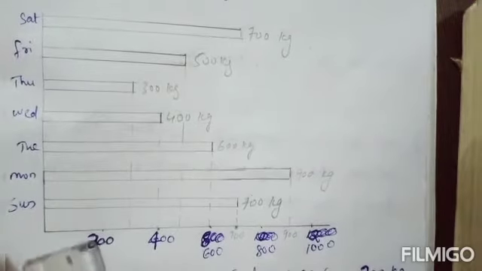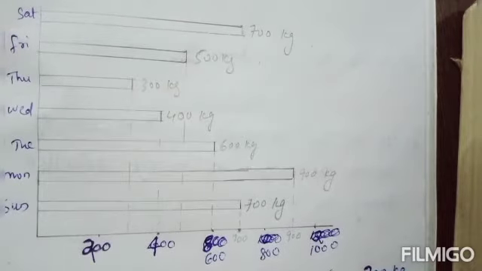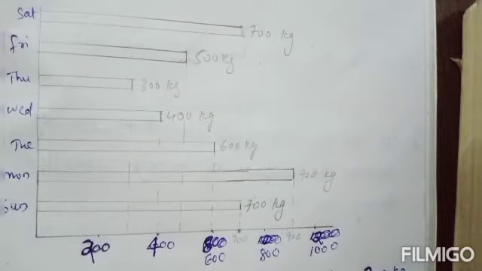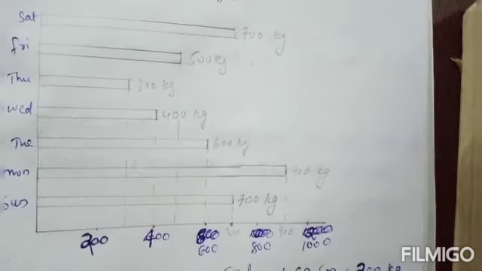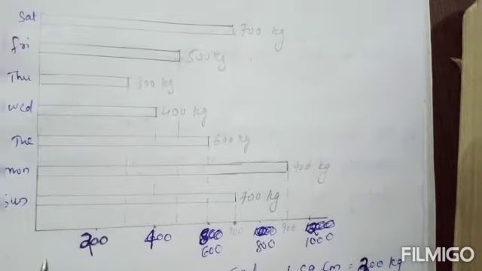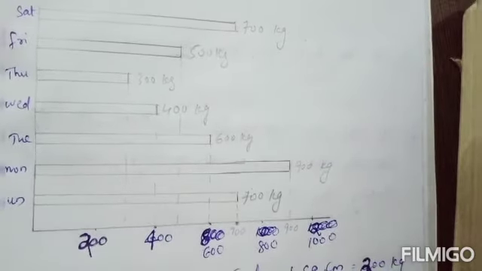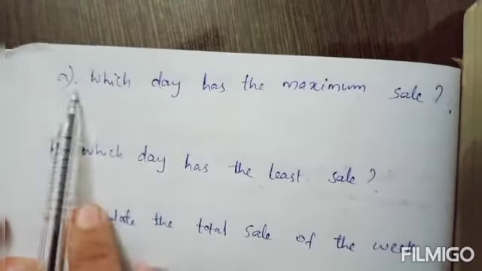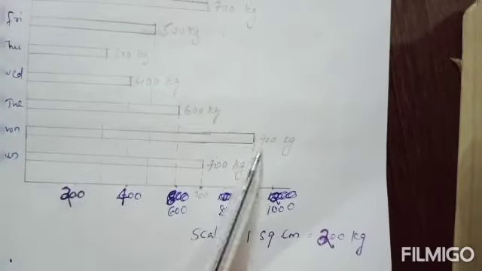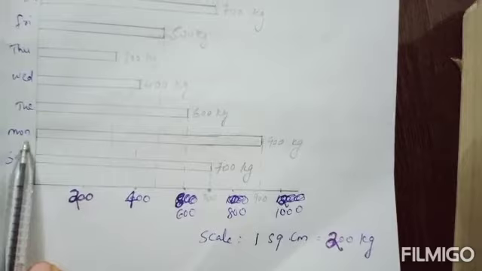In this way you can use a bar graph to represent information or to get information. Now, using this bar graph you can answer the questions given. First question A: which day has the maximum sale? You can see in the bar graph the maximum is 900 kilogram on Monday.